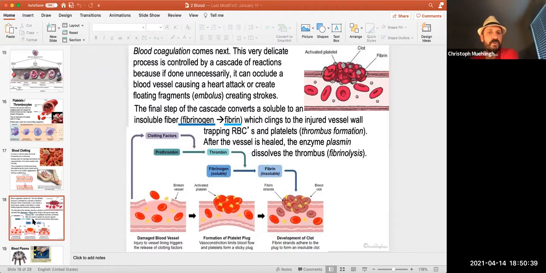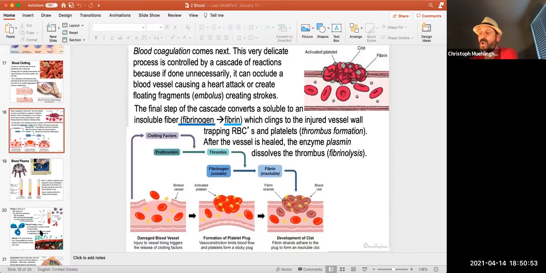We don't need to go into the whole bunch of detail, thrombin to this and that. I'm not worried about that. I just need you to understand that last step between the insoluble fiber and the soluble fiber. I think that's enough to get a decent understanding.